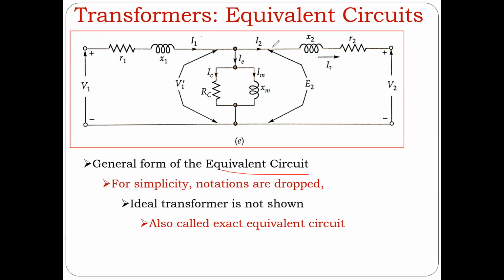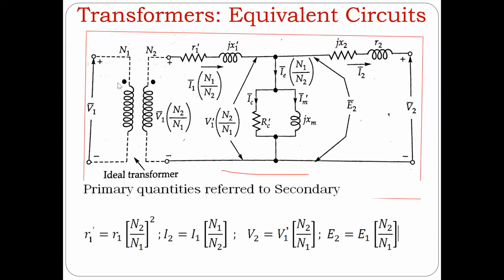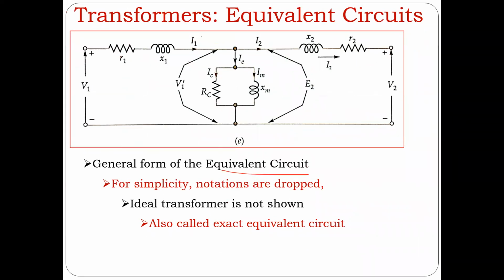So I've connected everything here. Compared to the one that you saw previously, I'm taking these two primary and secondary coils away, and it looks something like this. The ideal transformer is not shown in here. That's it.